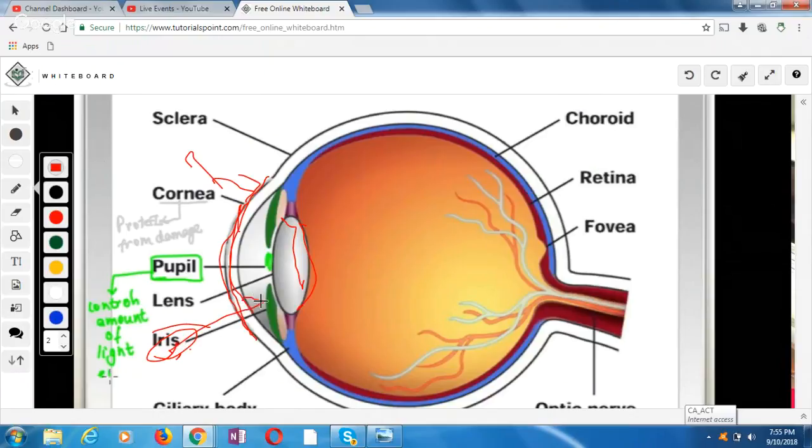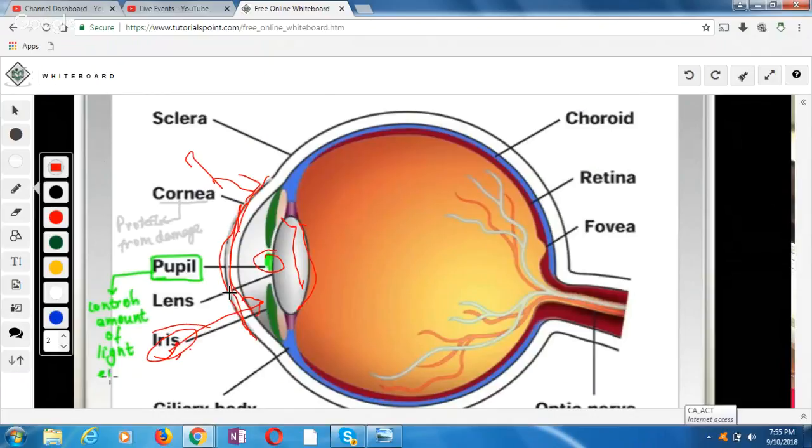I'm drawing a line over here. Now what does the iris do? Iris regulates the size of the pupil. Where is the pupil? Pupil is here. Keep on looking at the screen where I'm making the diagram. Iris controls the size of the pupil. What is the role of the pupil? Pupil decides what amount of light it has to take. The intake of the amount of light is decided by the pupil.